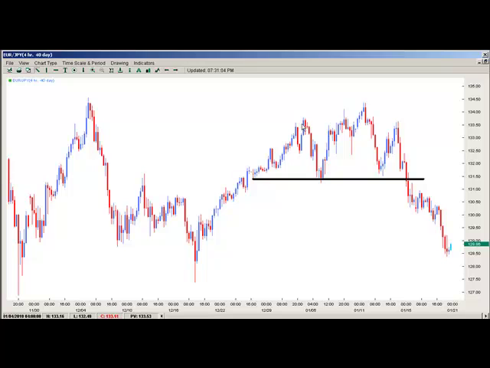Now this is interesting because this is called a head and shoulders pattern. You've got a left shoulder right there, you've got a head right here, and then you've got a right shoulder here. This right here is called the neckline, and if it breaks that neckline, that's when this pattern completes.